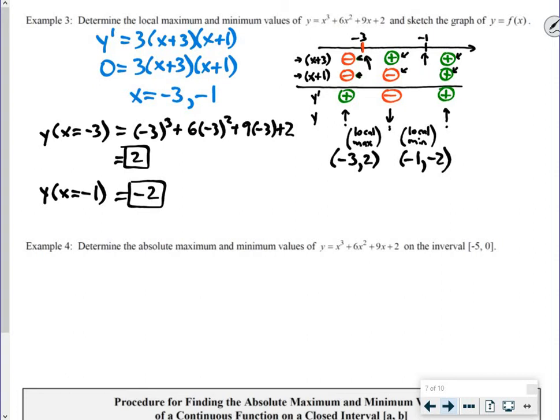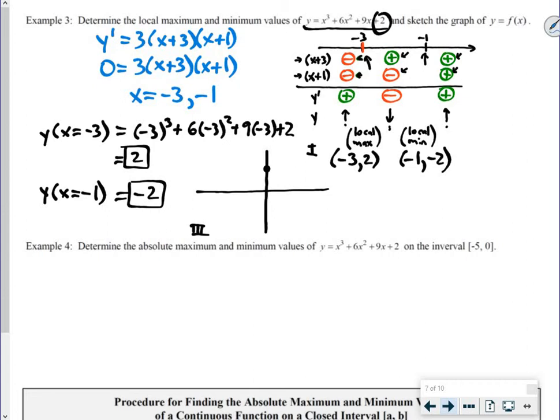Now we need to do a little sketch of this. Notice this function is cubic. The leading term is positive, so it's going to start in quadrant 3 and end in quadrant 1. It's going to go through the y-axis when y equals 2, so it's going to go through there.